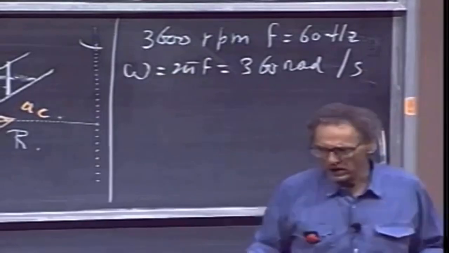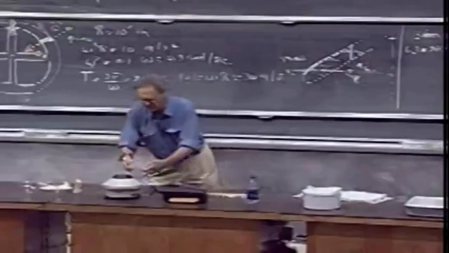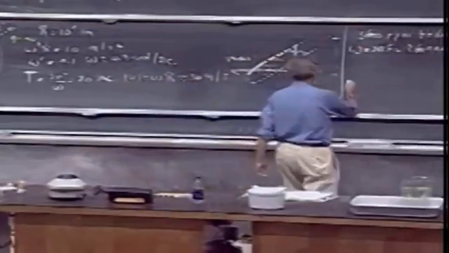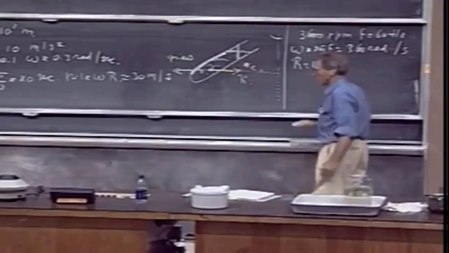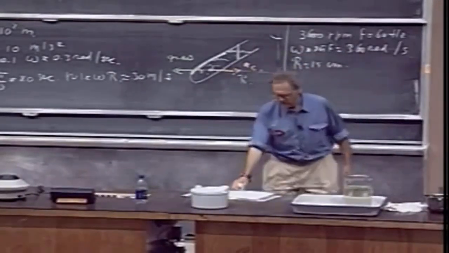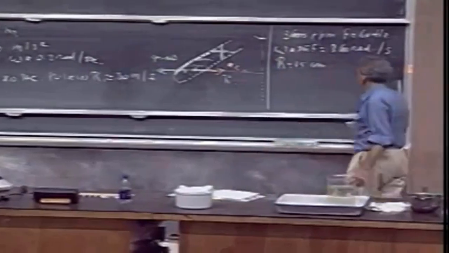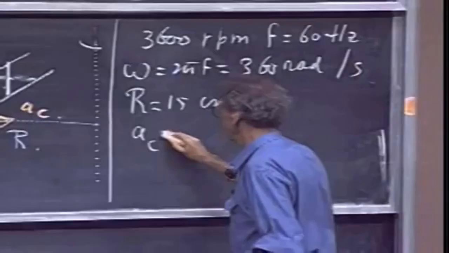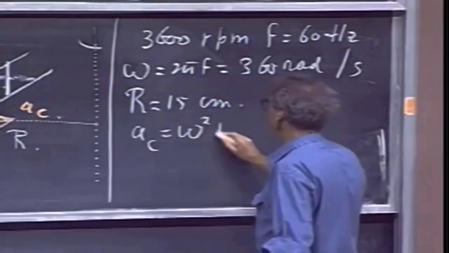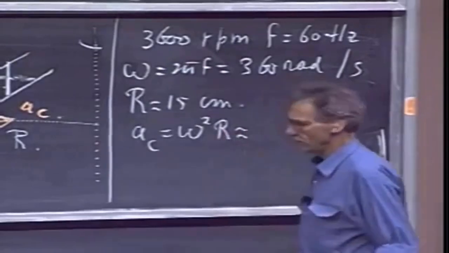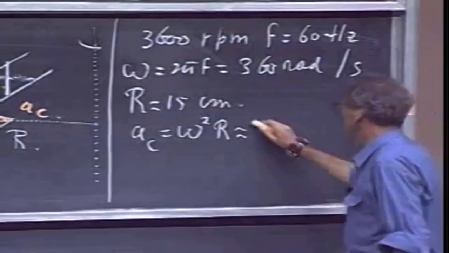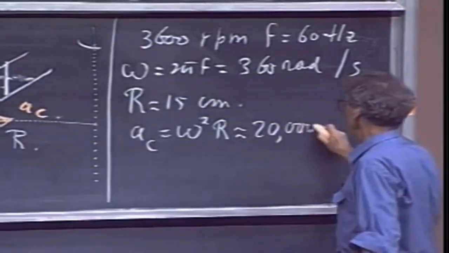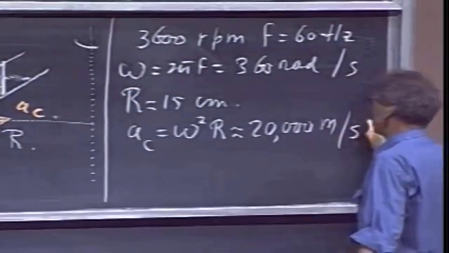If we assume that the radius is maybe 10, 15 centimeters, whatever, let's take a radius of 15 centimeters. And we can calculate now what the centripetal acceleration is. And the centripetal acceleration, a_c, which is omega squared R, is then roughly about 20,000 meters per second squared.